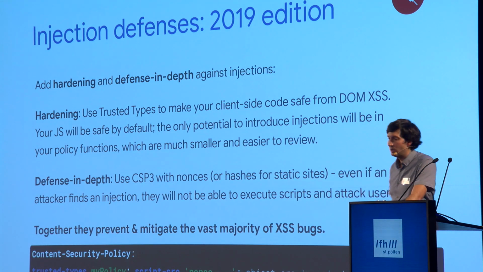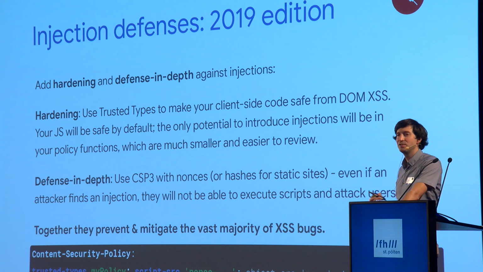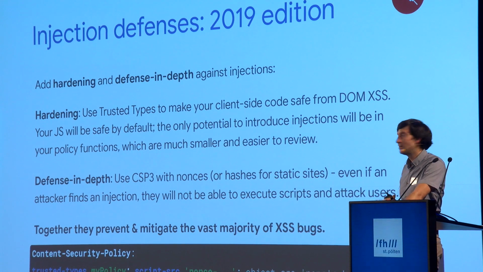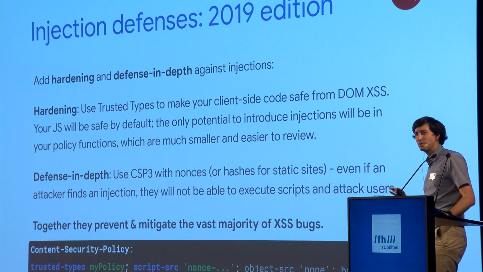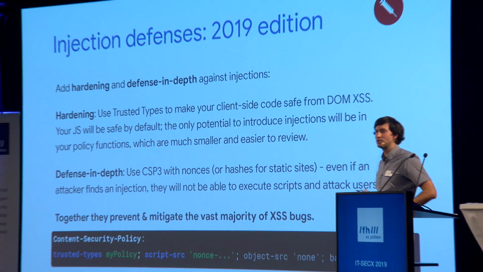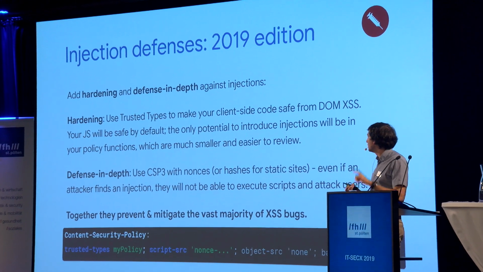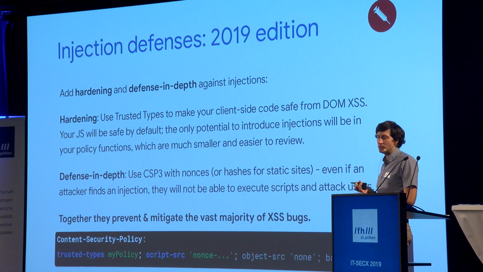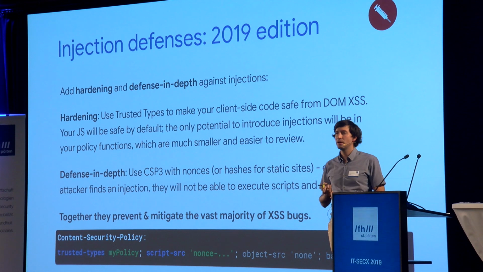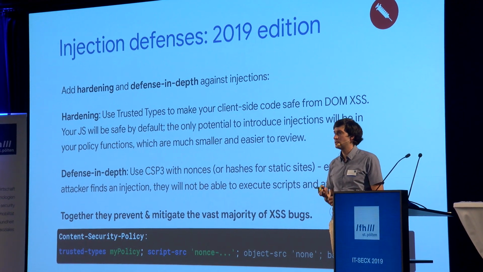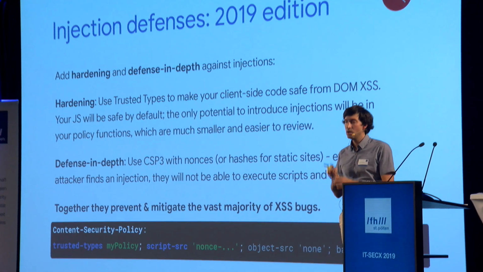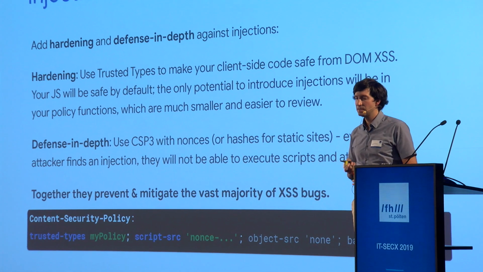So that's the Injection Defenses 2019 edition. Well, actually it's a bit 2020 because it's supposed to launch in January, I guess. But the TLDR is, you try to mitigate the server-side XSS, the classical XSS, and the JavaScript URI-based XSS with CSP3, with a nonce-based CSP.